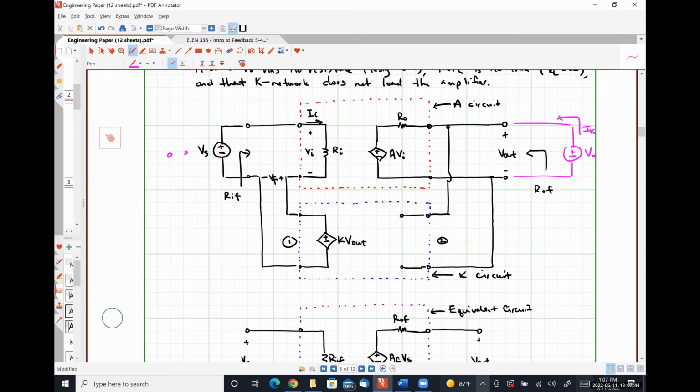So it won't be just R naught, and the reason why is because of this dependent source here. We do have to take its contribution into account. If we apply Ohm's law, what we'll find is that we have Vx minus A times Vi divided by R naught.